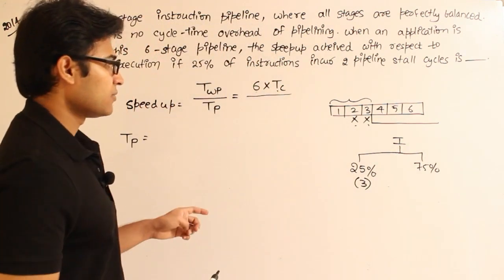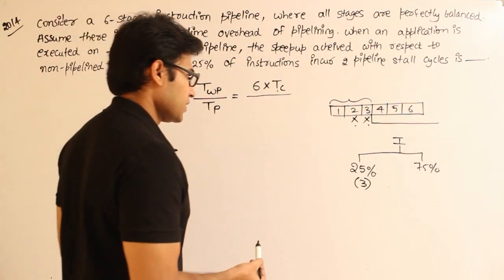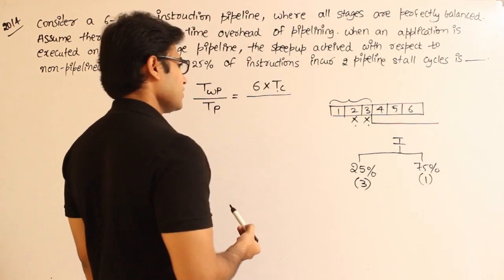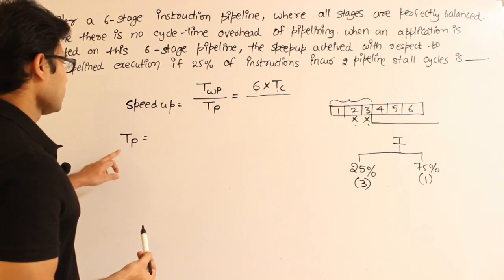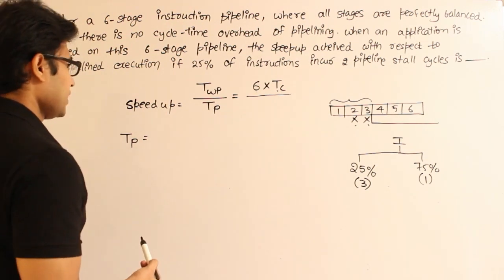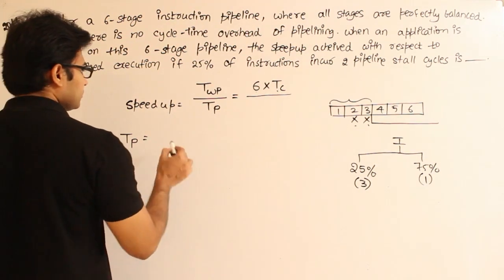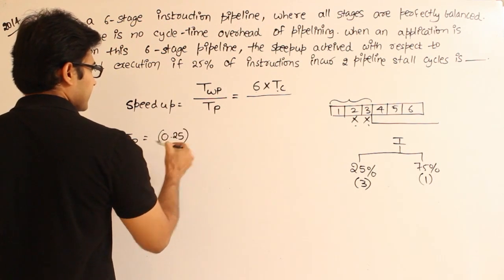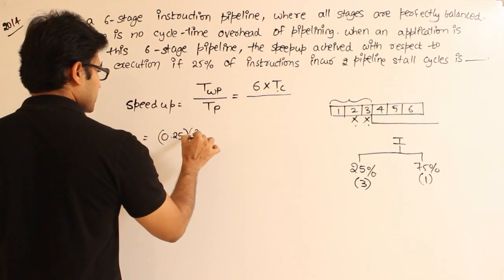The normal rate is nothing but clocks per instruction equal to 1. So 75% of instructions take 1 clock cycle, right? Therefore, the time taken for the pipeline is going to be, for 25%, which means 0.25, 3 clocks.